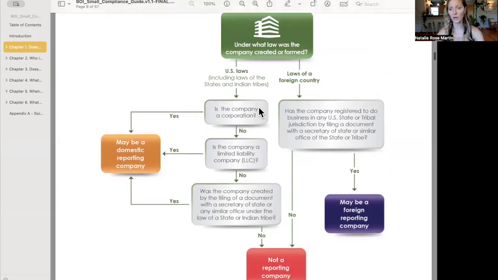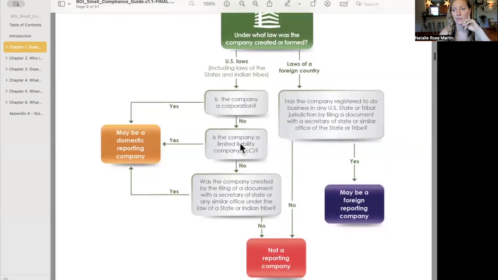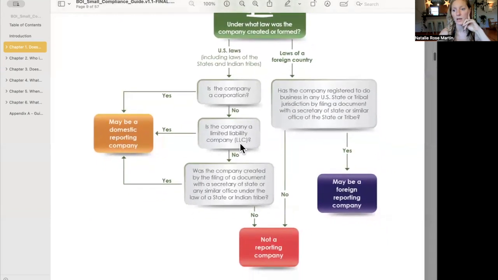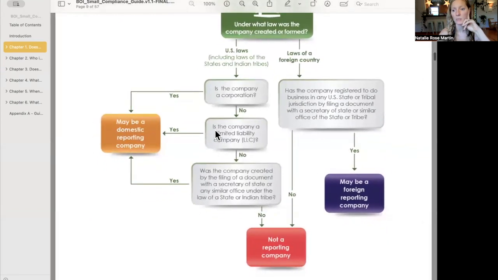Now, if your company was established within a trust, the answer to this question, is the company a corporation, would be no. If your company was formed within a trust, the question, is the company a limited liability company? The answer would be no.